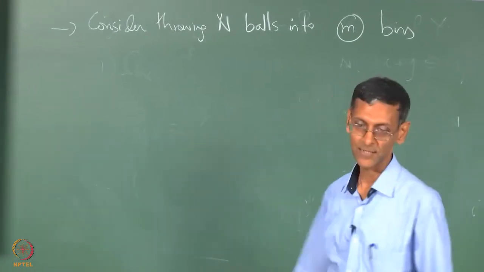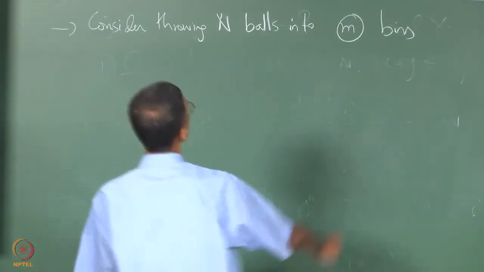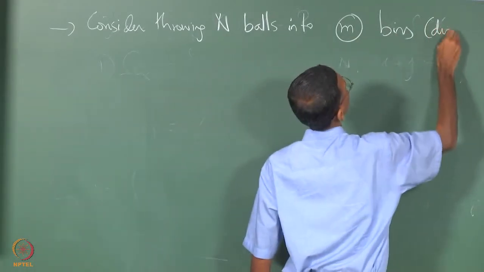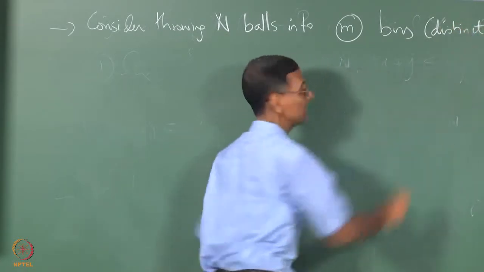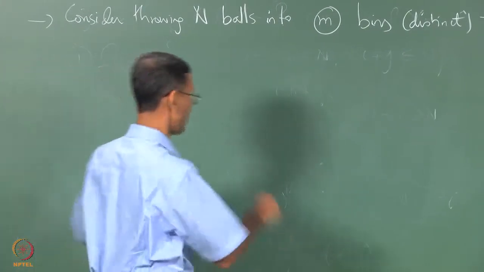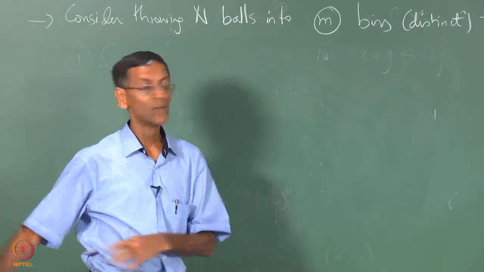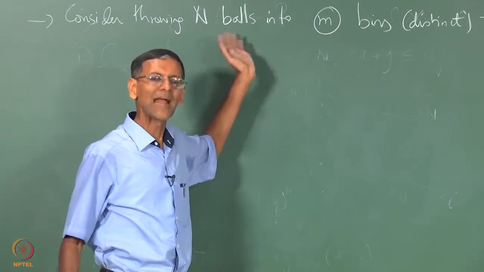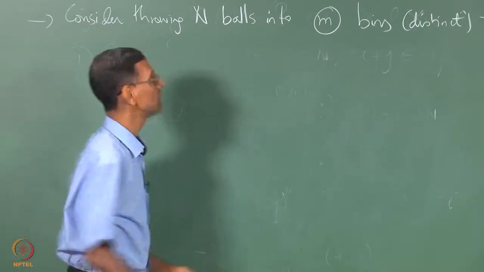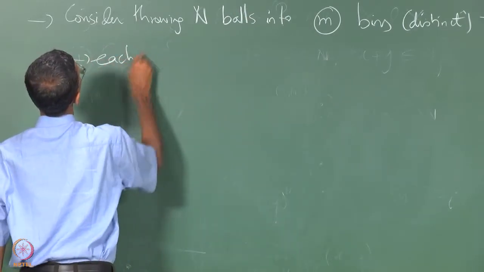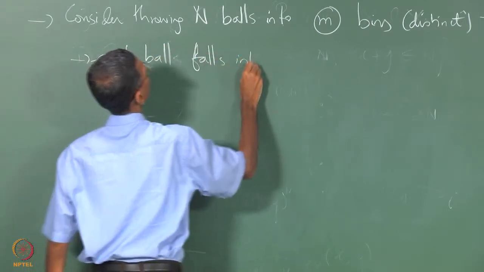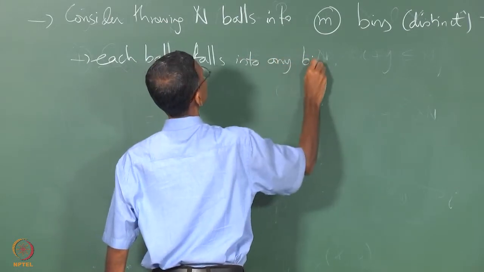So I have to synchronize. These bins are distinct, in other words they are numbered 1 to m, so you know exactly which bin a ball has fallen into, bin number 1 as opposed to bin number m. So what is the standard assumption you make here? Each ball can fall into any of the bins with equal probability.